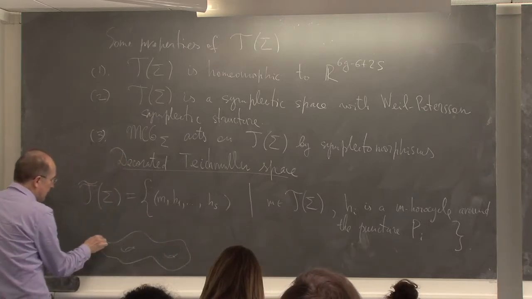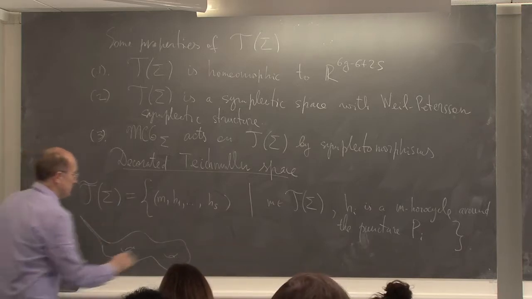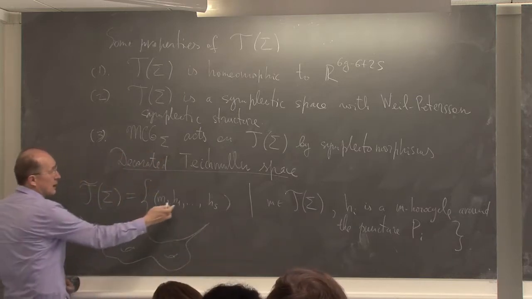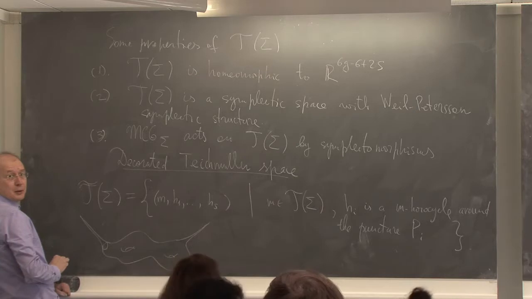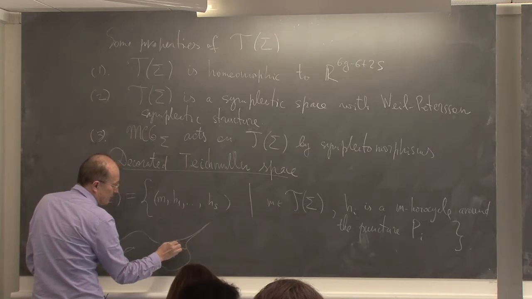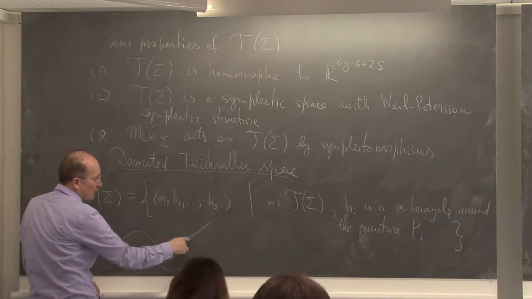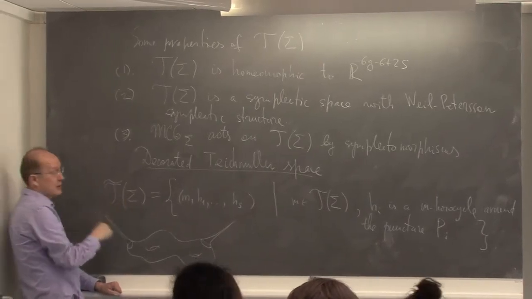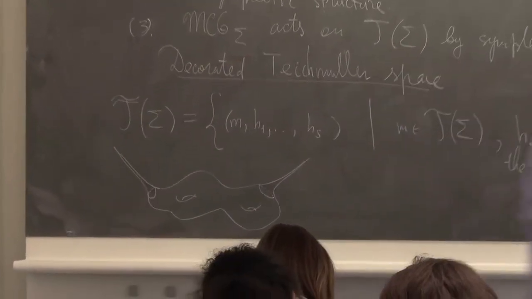Then the punctures are represented as infinite cusps, like this. And hi is just some circle which cuts out the corresponding cusp. And then if we move this circle, keeping the same M, we can move each circle. So then we move in this bigger space. So this is a decorated Teichmüller space.